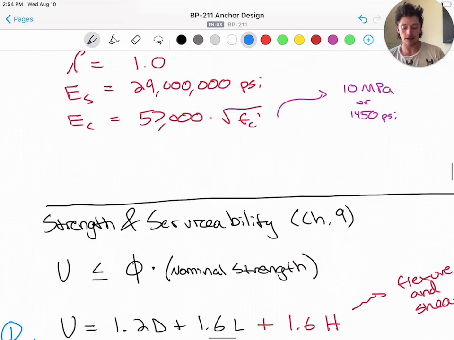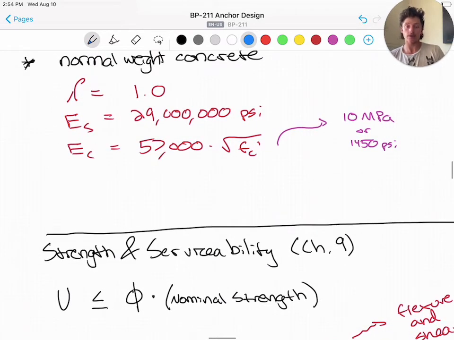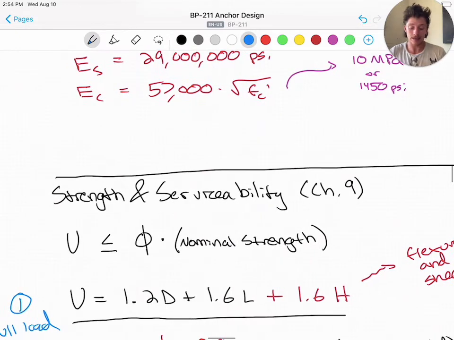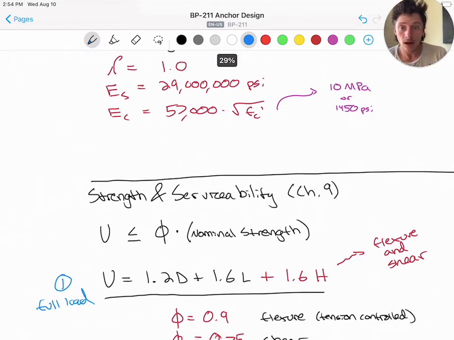Moving on to chapter 9, generally the strength and serviceability requirements should satisfy some ultimate load is less than or equal to our phi, or our strength reduction factor, times our nominal strength. Section 9.2.1 details all the load combinations, and from this we can see that the maximum will be 1.2 times the dead load plus 1.6 times the live load plus 1.6 times our earth pressure.